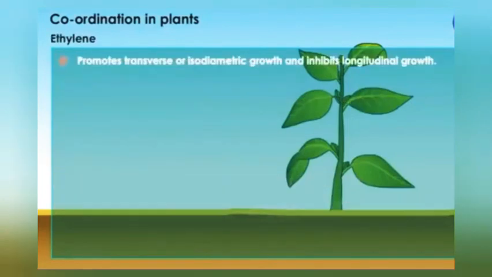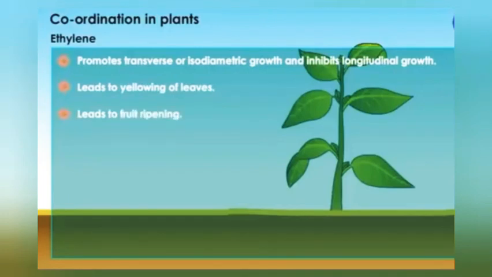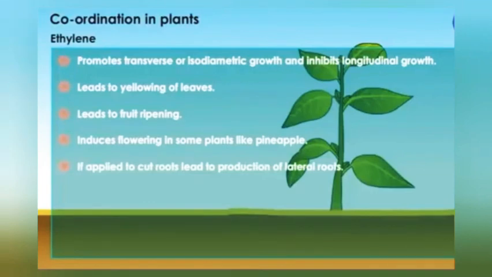Ethylene promotes transverse or isodiametric growth and inhibits longitudinal growth. Leads to yellowing of leaves. Leads to fruit ripening. Induces flowering in some plants like pineapple. If applied to cut roots, leads to production of lateral roots.